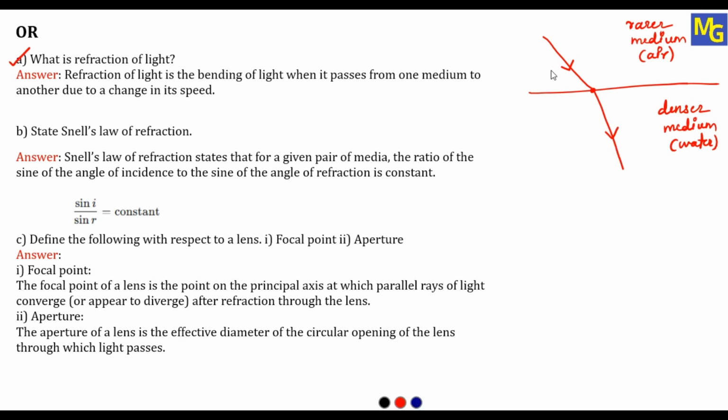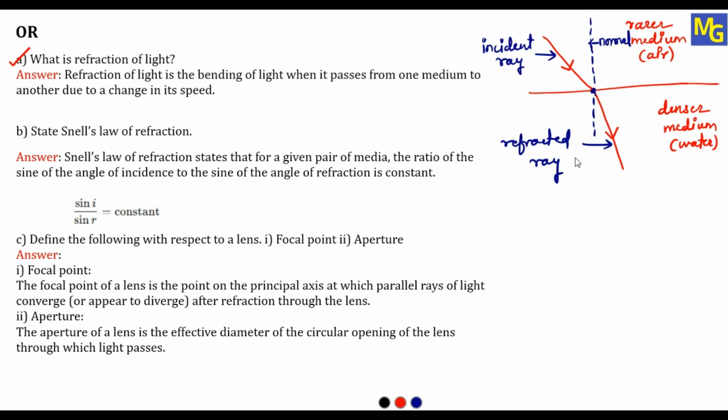See here, I'll write down: this is incident ray. And what about this? This is refracted ray. And at this point, if I draw a perpendicular line like this, as I have drawn in case of reflection, then this is called as what? It is called as normal.